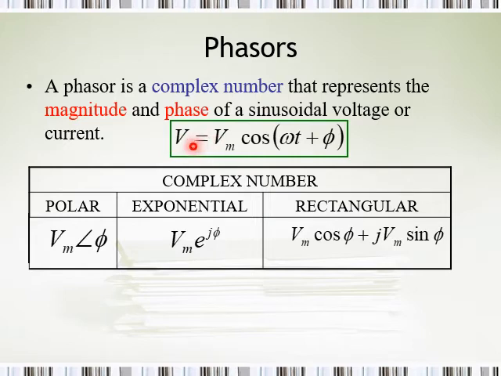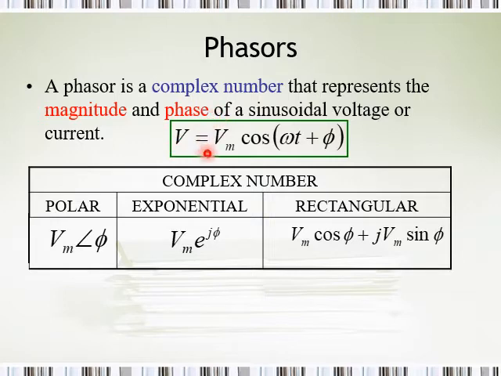Okay, so converting this cosine equation into polar, we only take the magnitude Vm and the phi, the phase angle. How do we convert this equation into polar?